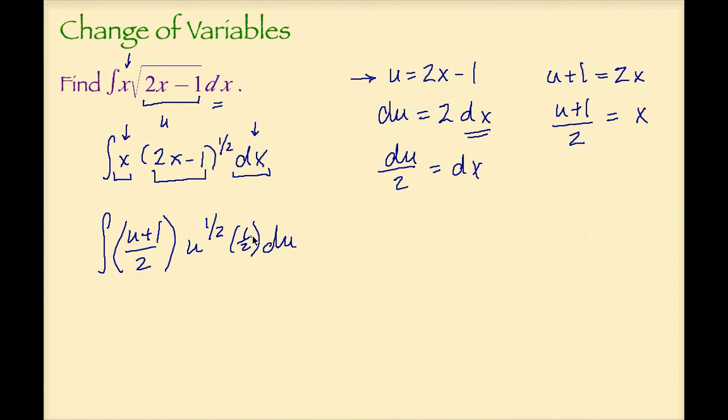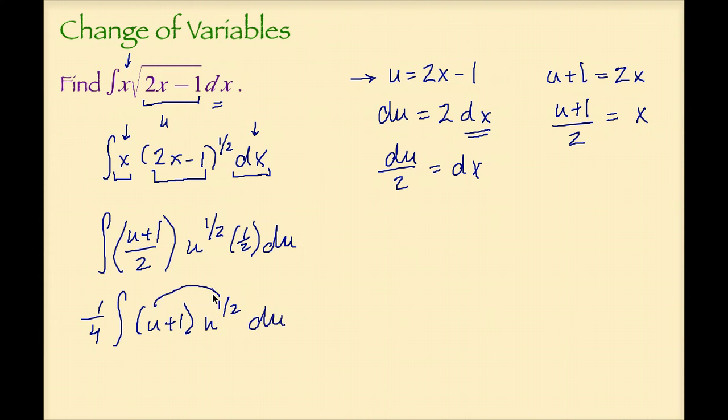Let's do a little rearranging. First of all, I'll have the 1/2 multiplied by the 1/2 in this first term, and I'll bring that outside the integral, which will give me 1/4 times u plus 1 times u to the 1/2 du.